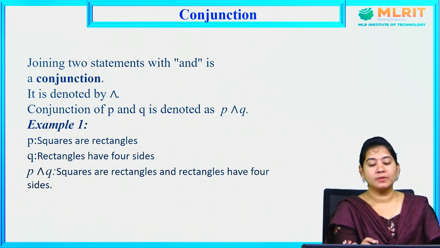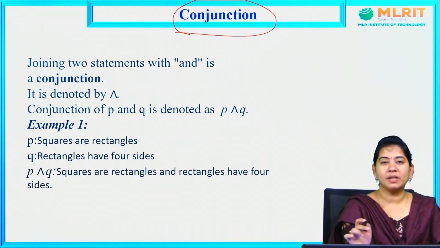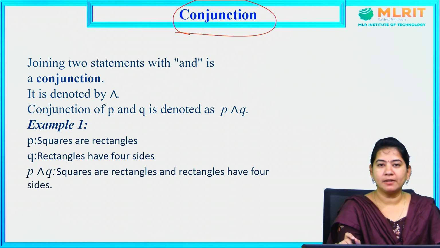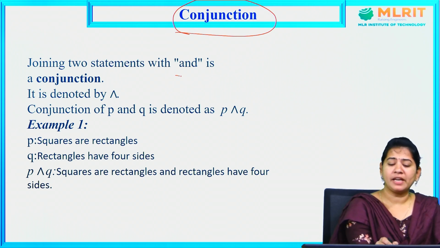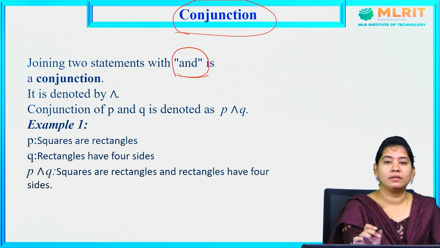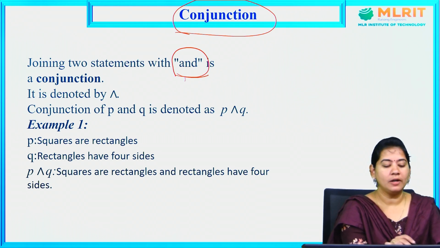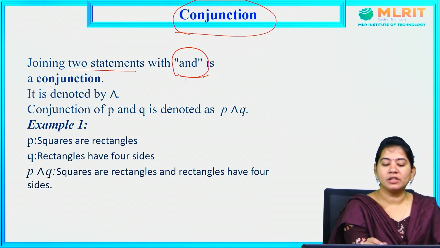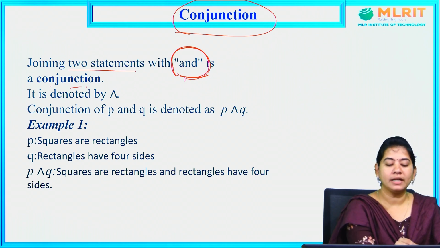Next we have conjunction. What is meant by conjunction? Combining two statements with a connective word is called conjunction. Joining two statements with the word "and" is called a conjunction.